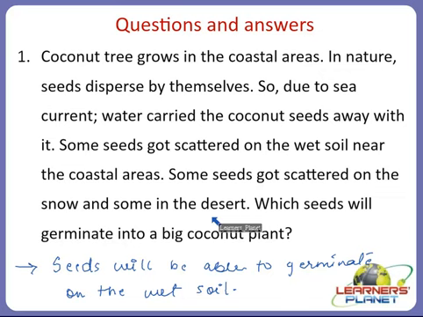They will not be able to get food, and even that much air and warmth in the snowy region. You can also consider it as the mountainous region. So they will not get the required amount of favorable conditions to germinate. The condition favorable for the coconut seeds to germinate is the wet soil. So they will be able to germinate on the wet soil.